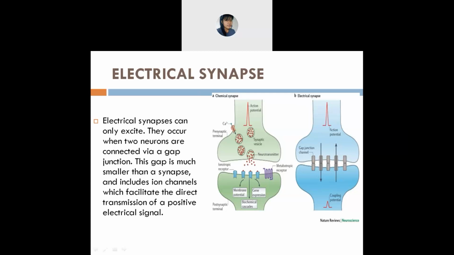Here you can find only a positive electrical signal.